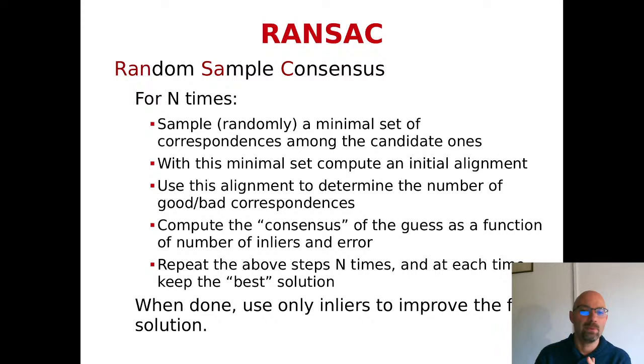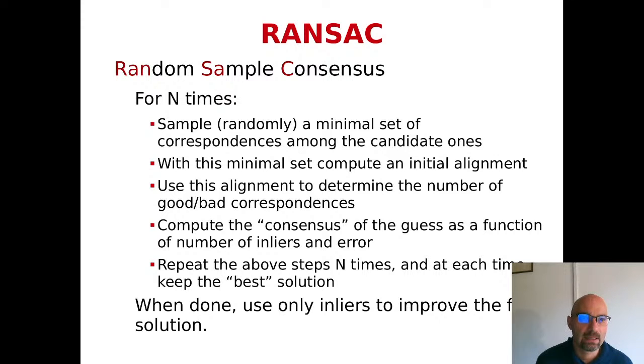So you repeat this schema over and over, and each time you keep the best solution. At the end of the game, you will have the best solution so far, which is the solution with the most inliers. And once you have this, you typically run a final registration by only using the inliers to determine the final alignment. Okay?